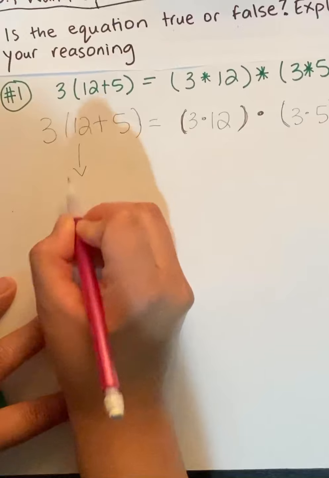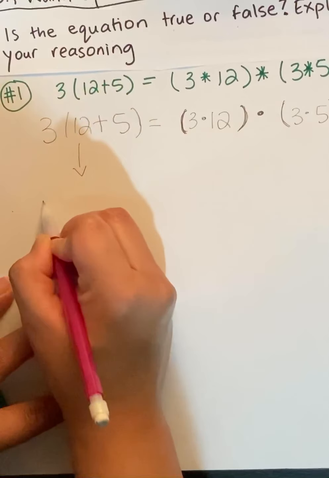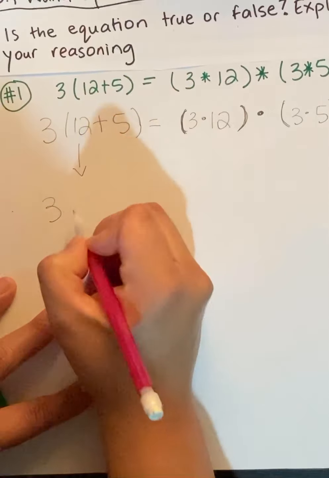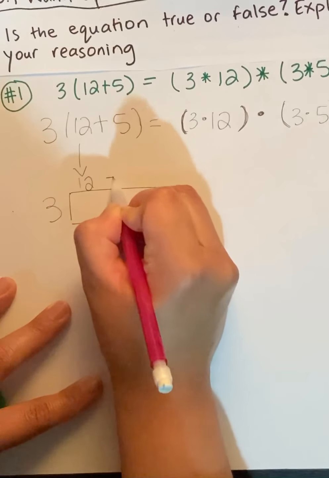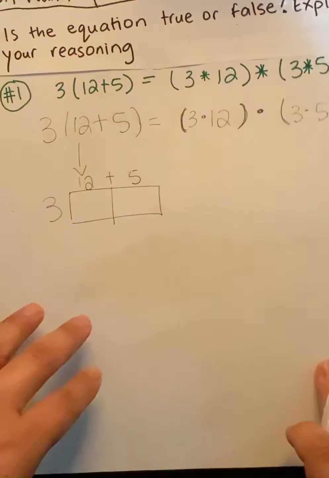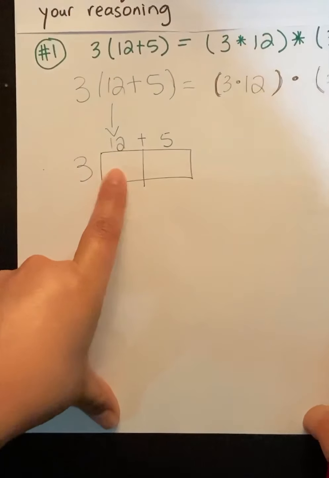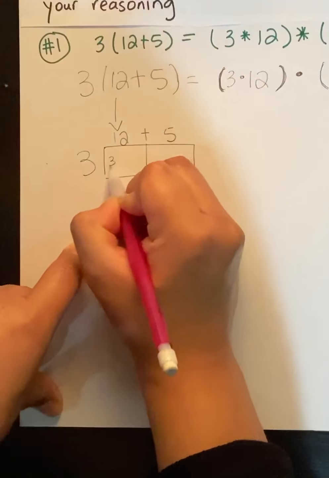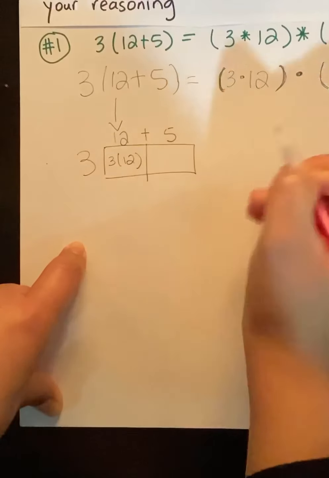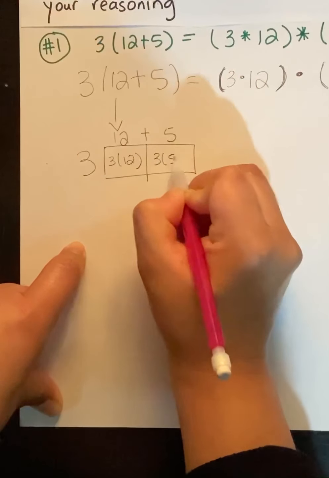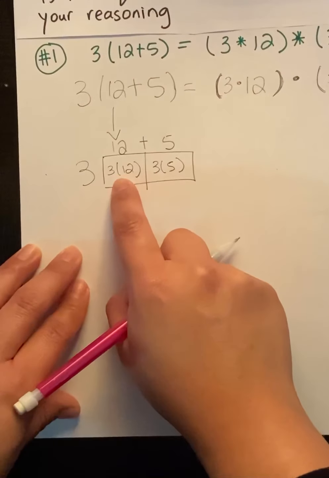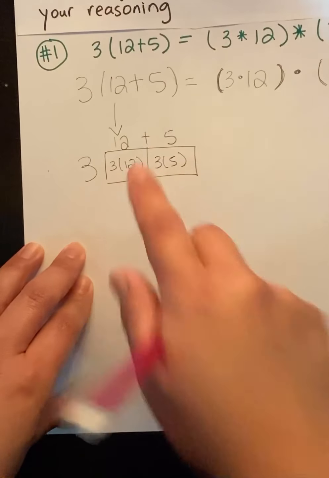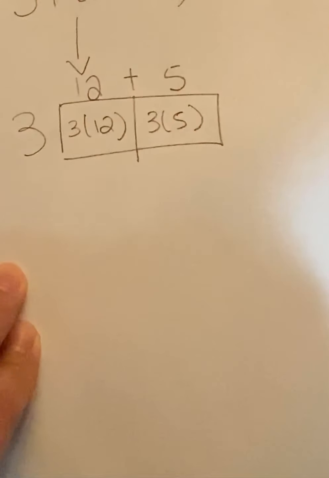We learned that this can be drawn with an area model where it's 3 times 12 plus 5. And to find the area of this rectangle, now I have to do 3 times 12 and 3 times 5. So you're going to see that parentheses means a little group, and it also means multiplication.